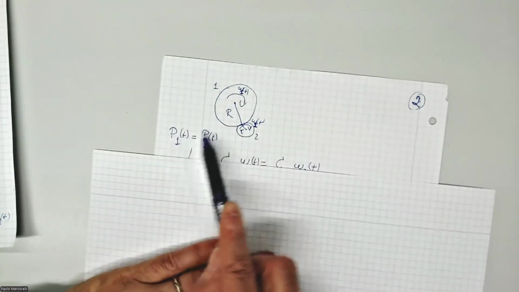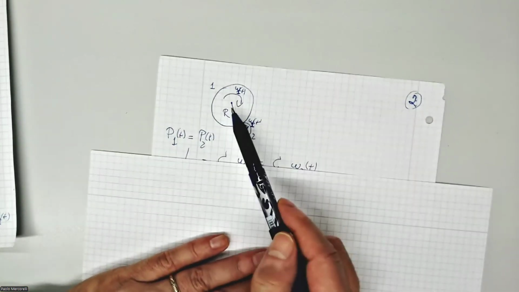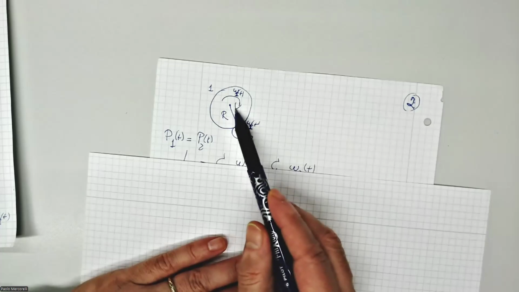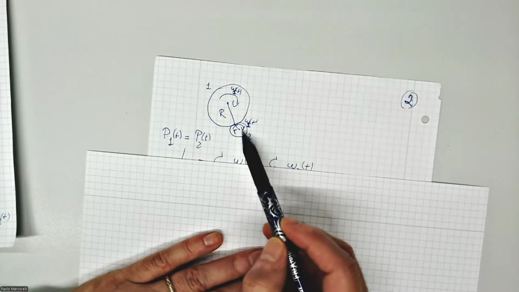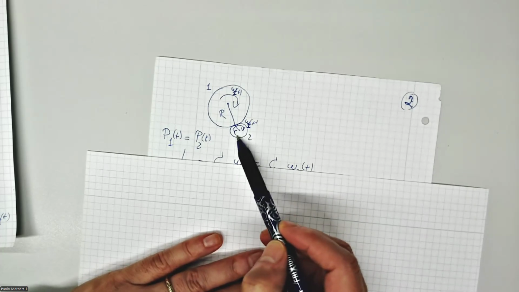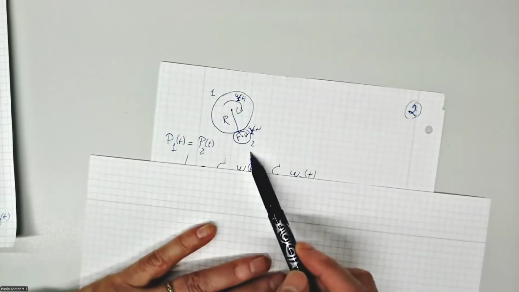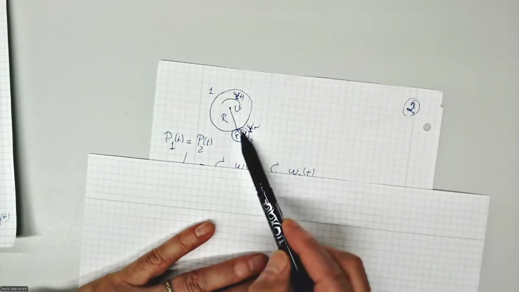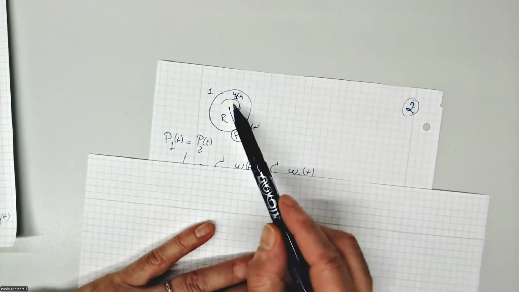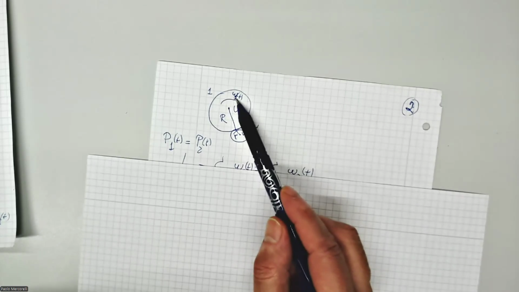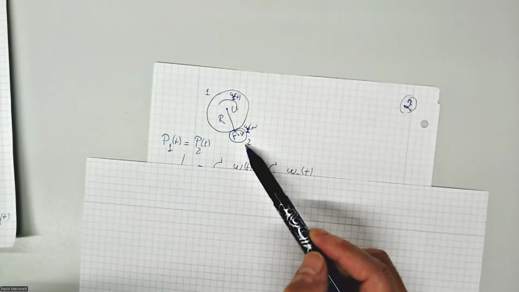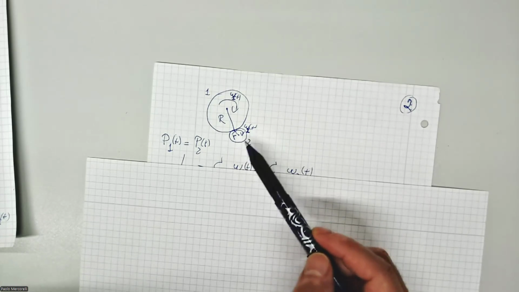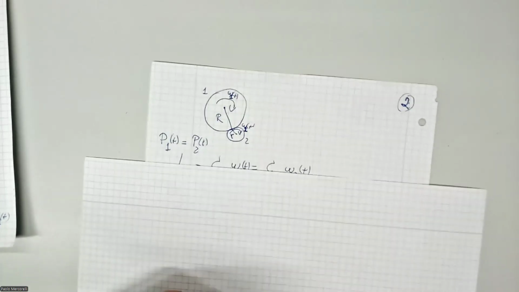Look, we have a wheel characterized by radius R capitalized and a wheel characterized by a radius r not capitalized. Wheel number one, wheel number two. Wheel number one rotates with omega 1 in this direction, clockwise. Wheel 2 rotates anti-clockwise with omega 2 in this direction.